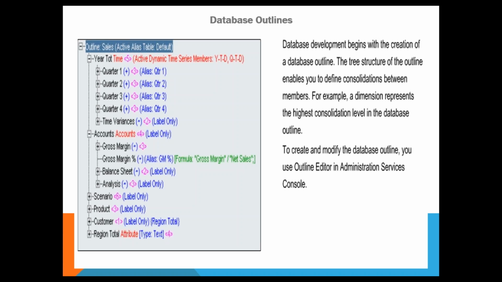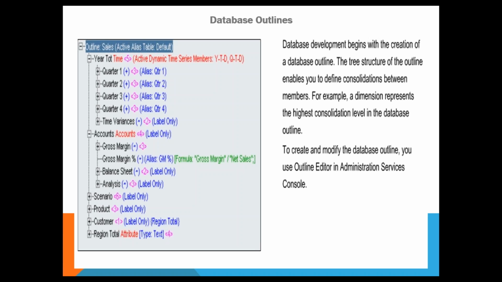You should know the flow here. Okay, so the sibling is accounts, and accounts again has children. Account is the parent for gross margin percentage, balance sheet, analysis. Under that, you have scenario, another sibling for accounts. It's label only because there is no great operation done there. Why label only? We'll talk about it.